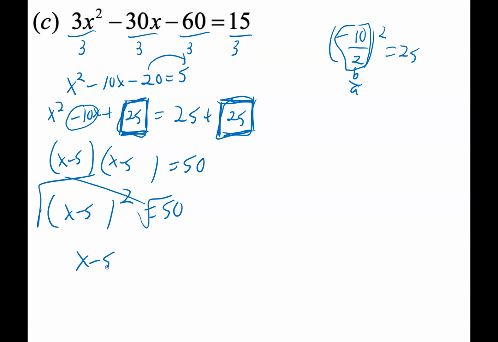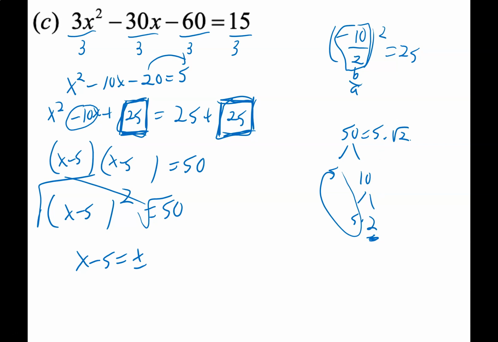So I'm going to say x minus 5 equals plus or minus, let's talk about that root 50. I know I can break that down as 5 times 10. 10 is 5 times 2, so a pair of 5s get out. The 2 stays in.